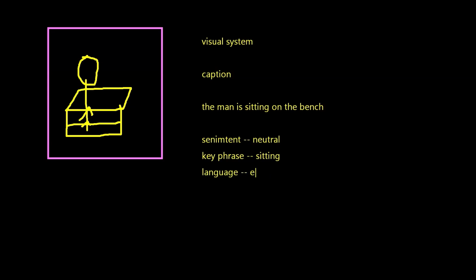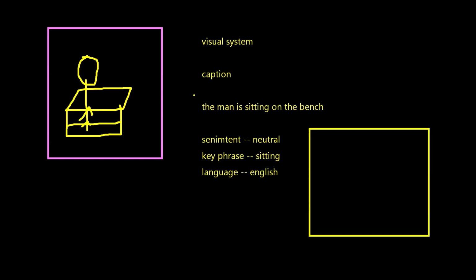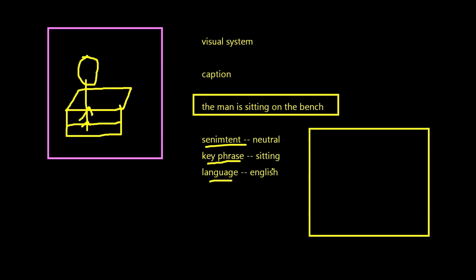So now I have this information: I had an image and I had these tags. Suppose there are tons of images. I run them across a system and I was able to find the sentiment, and suppose with manual intervention, the key phrase and language.